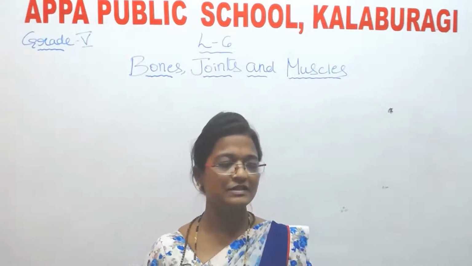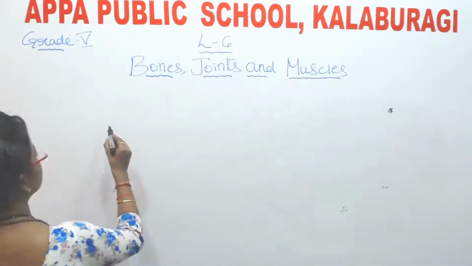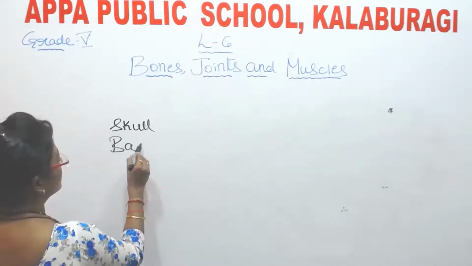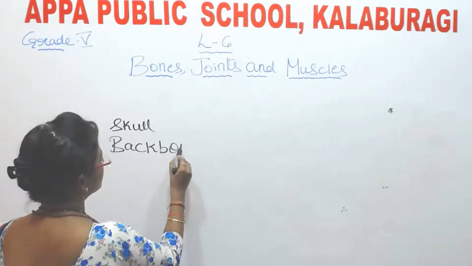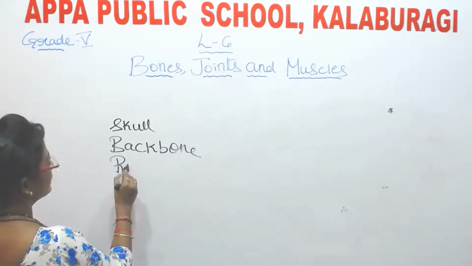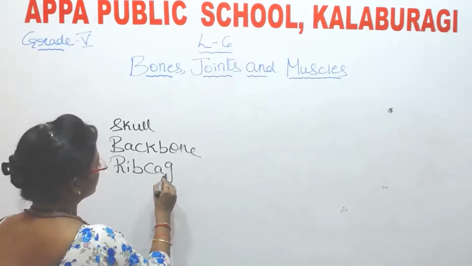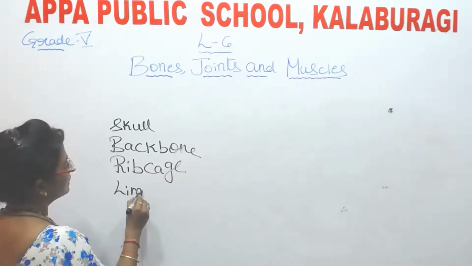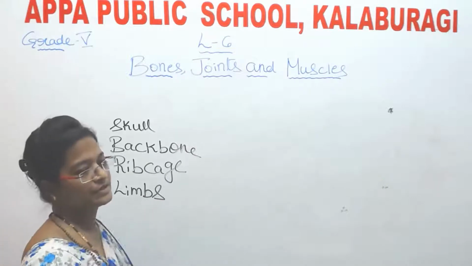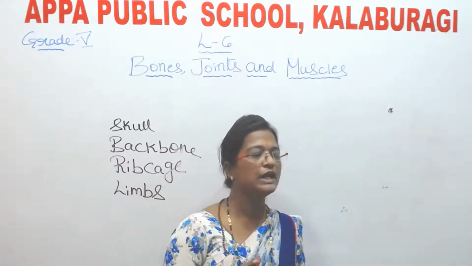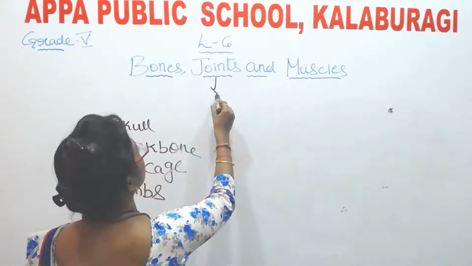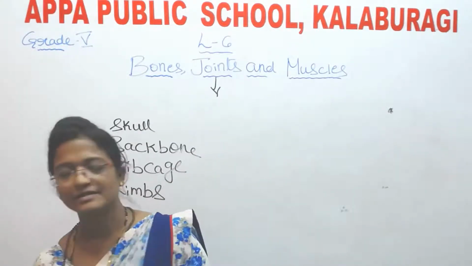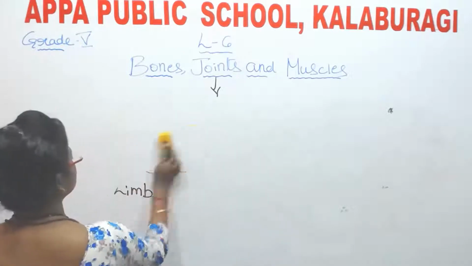So now we have learnt about the skull. We have learnt about the backbone. We have learnt about the rib cage, and even about limbs. Right. So now we will move forward and discuss joints. Okay, so as you all know, what are joints?